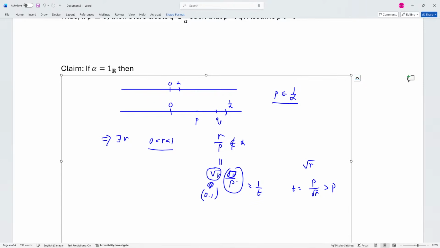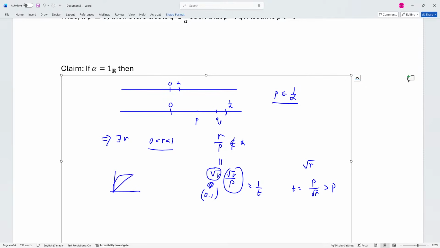So how do we decompose this r? Is there anything else we can do about it? Let's say we want something that is greater than r. Okay, this is r.